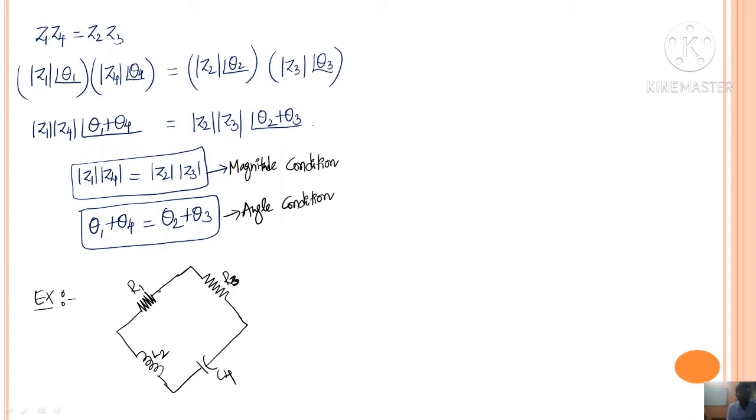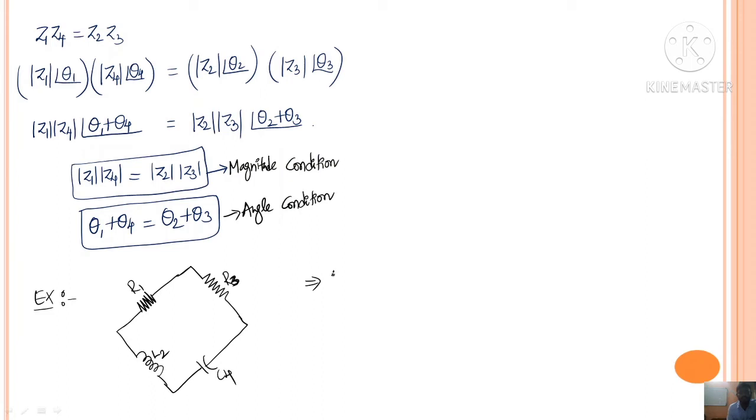Now tell me, how can you find the balance condition for this bridge? So the product of the impedances of these two opposite arms must be equal to the product of the impedances of these two opposite arms.